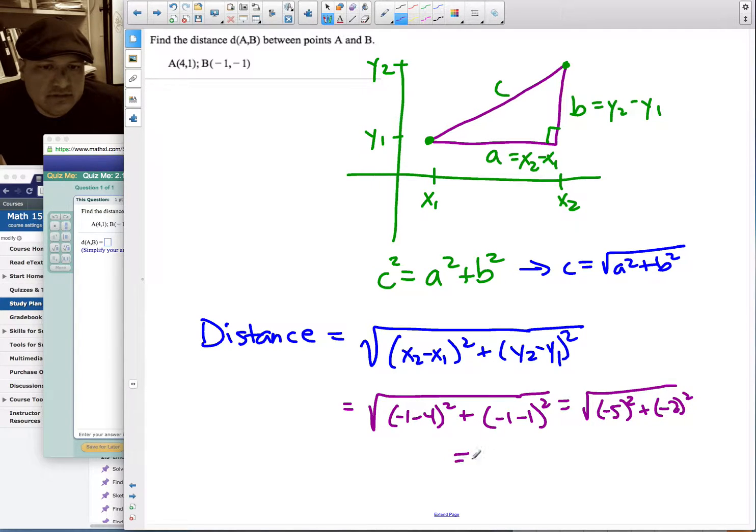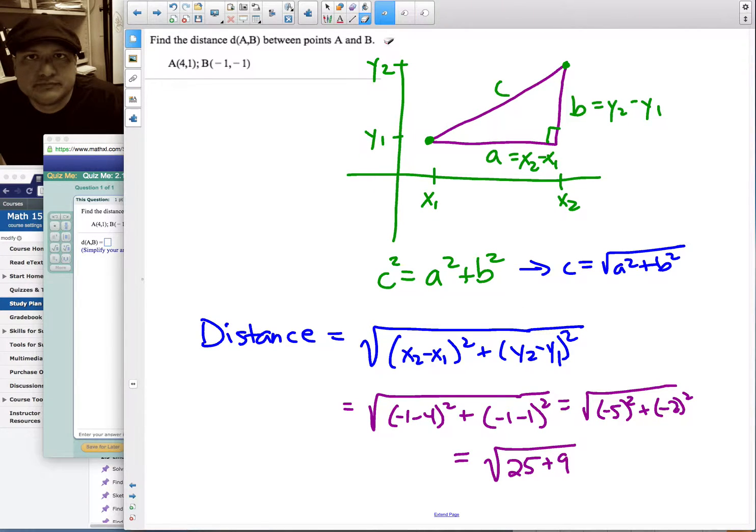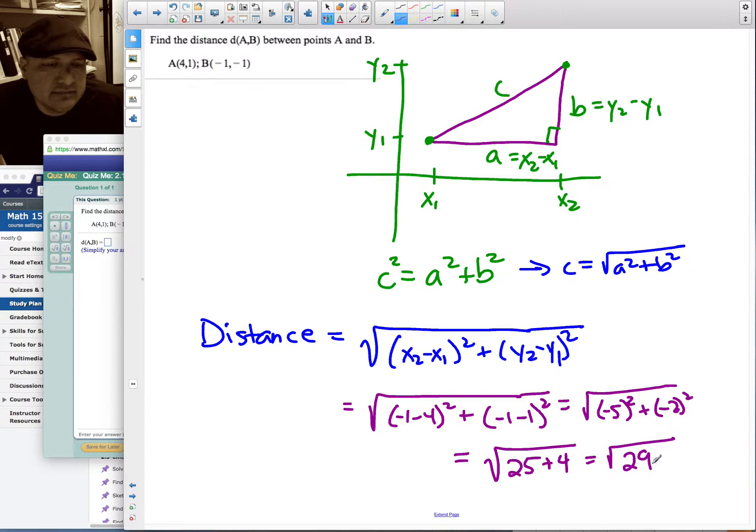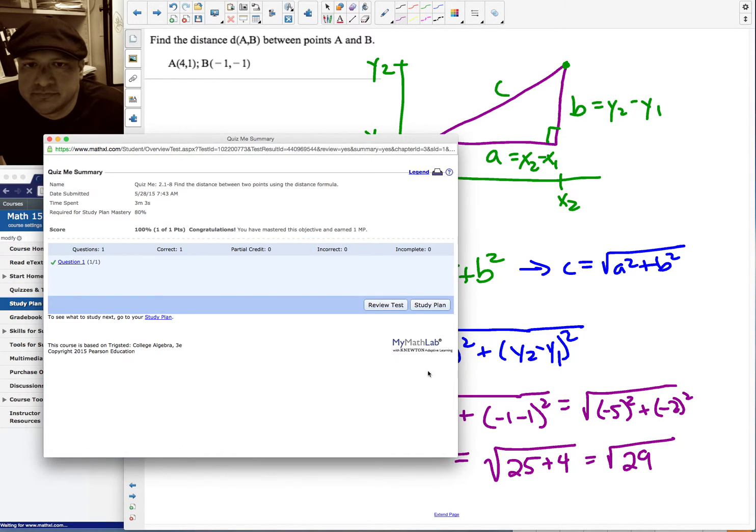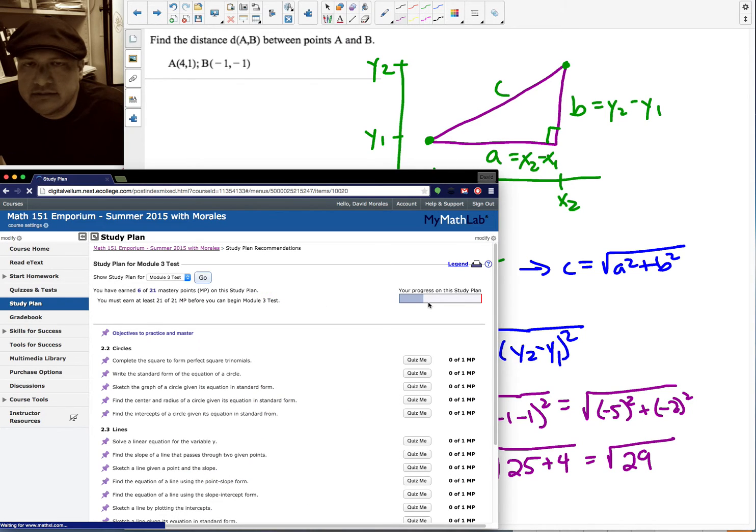Negative 5 squared is 25 plus, not plus 9, I was adding it in advance, plus 4 is the square root of 29. 29 is a prime number, so you can't do anything with that. Radical 29. And that is 2.1.